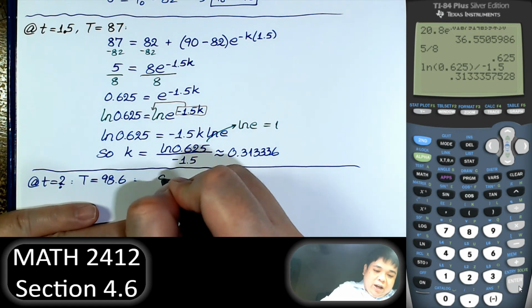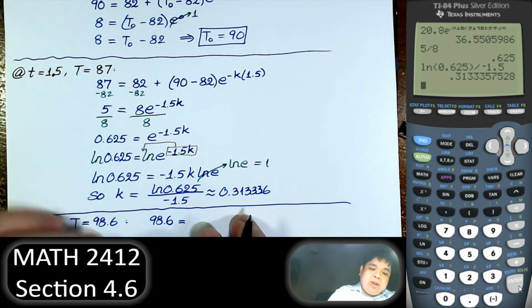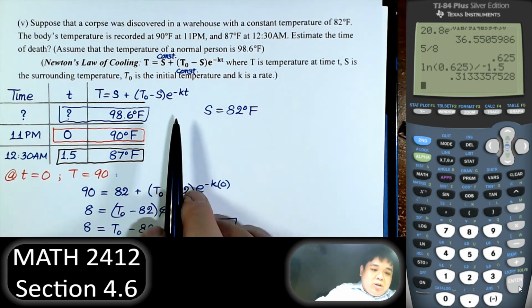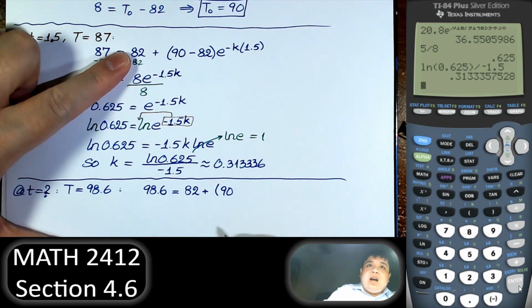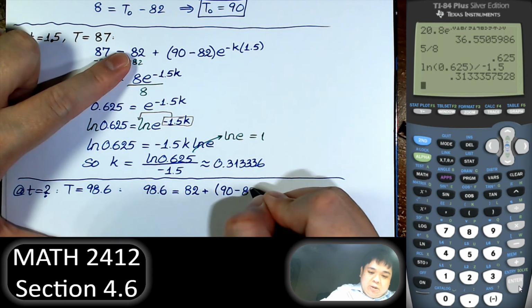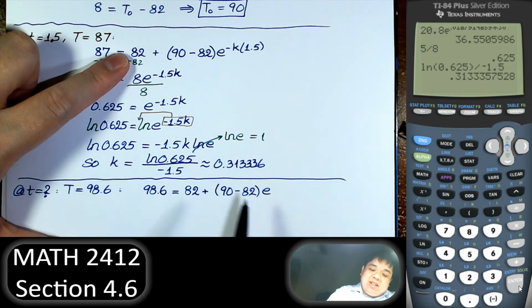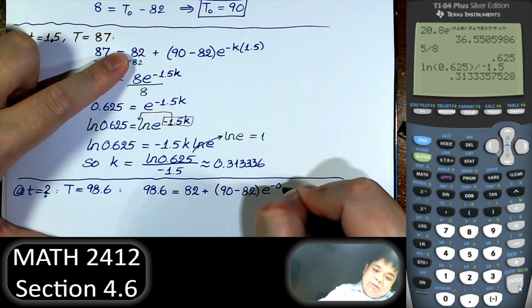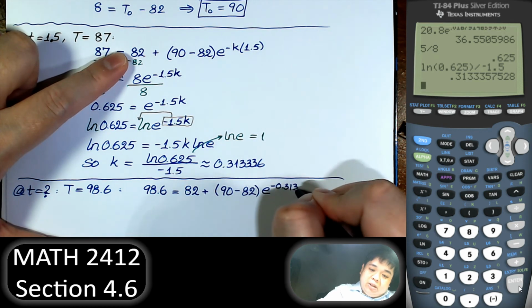So we have 98.6 equal to the surrounding temperature, 82, plus the initial temperature, 90 minus 82, times e to the negative kt. This is k, I'm just going to put that for now. When we do the calculation we use the whole number.